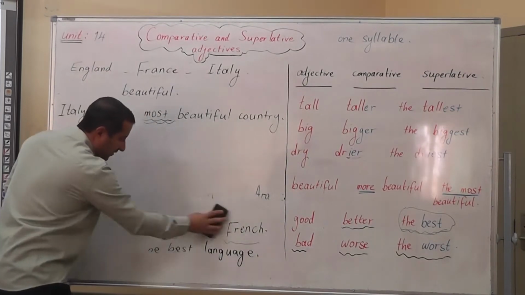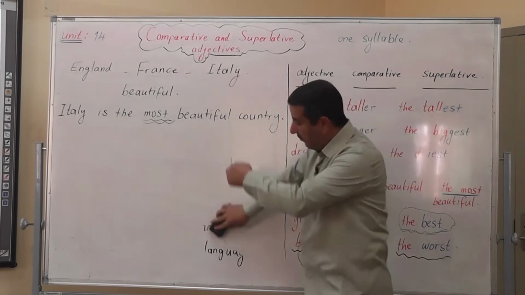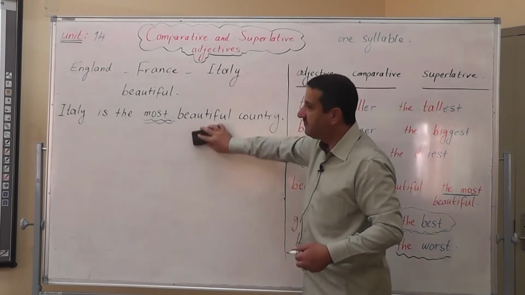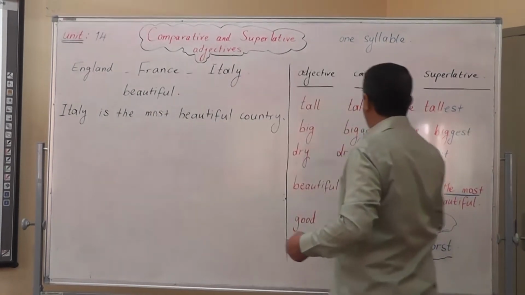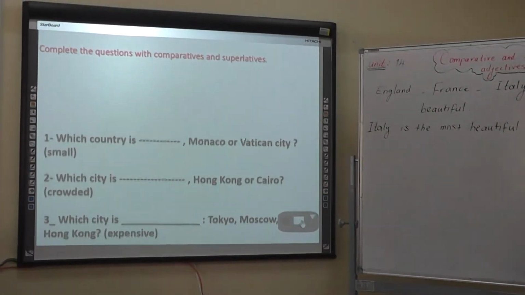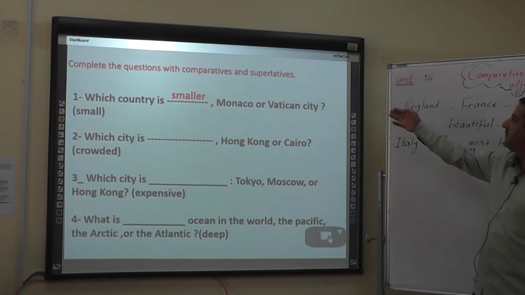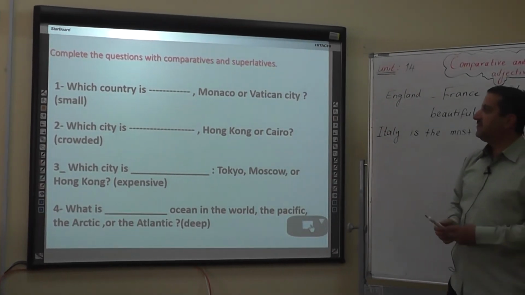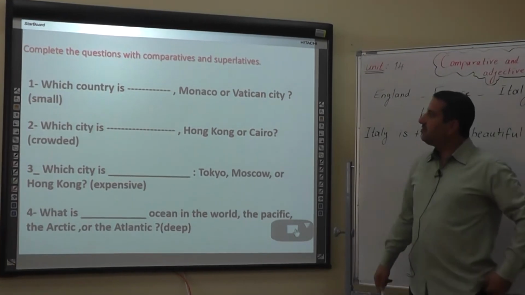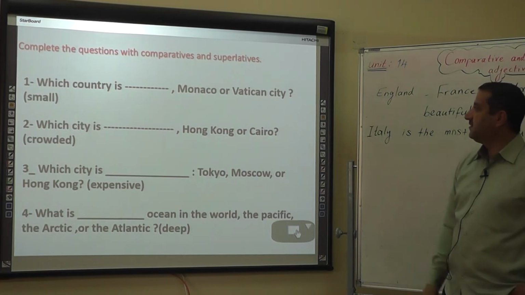Here we have some examples on the whiteboard. Nasser, please. Here we have some examples on the board to complete the questions with comparatives and superlatives. Okay, look at example number 1. Which country is smaller, Monaco or Vatican City?